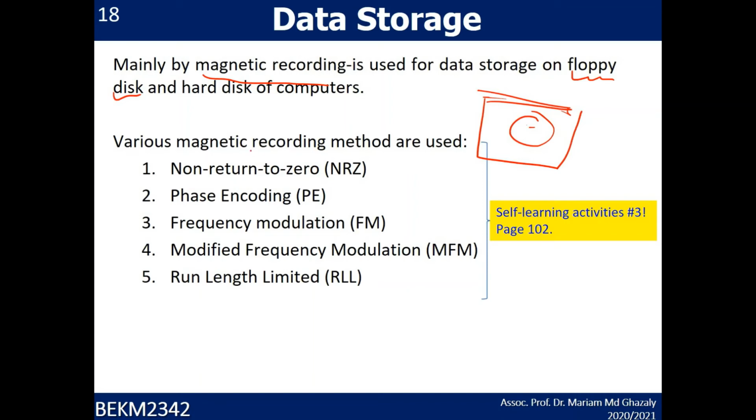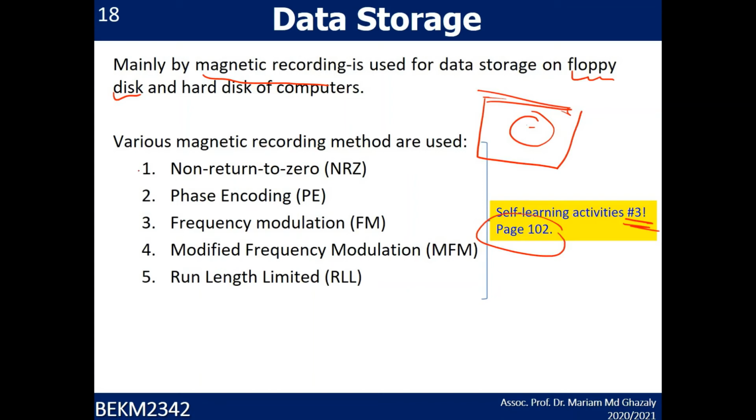And there are various types of magnetic recording methods. We have a total of 5. So go through activity 3 and read page 102 in the PDF, and try to explain the working principle of these magnetic recording methods.